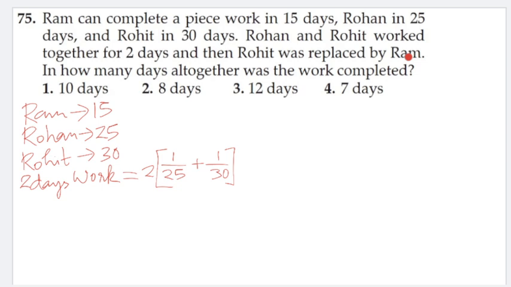Now solving the things inside the bracket, 2 multiplied with what we will get? We will get 6 plus 5 divided by 150 on taking the LCM of 25 and 30. And again, 2 multiplied with, and this 2 and 150 can be cancelled, it will become 75. So 6 plus 5 is 11. So that will be 11 divided by 75. So this is the part of work done in 2 days.